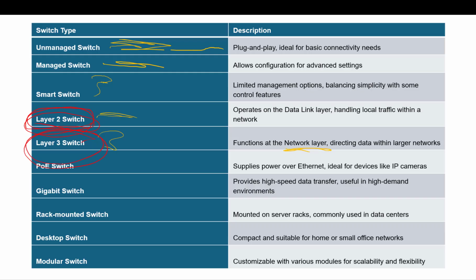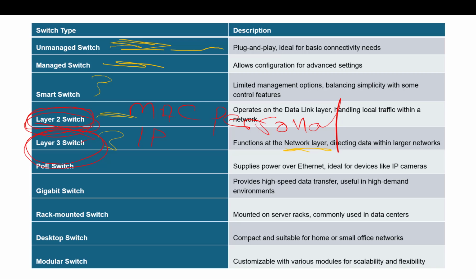So layer 2 only uses the MAC address, which is the personal address of the device. Now, layer 3 uses the IP address, which is the internet protocol address. It means the network address that they give you. You understand? The network address that they assign to you, that the IT person will say like 192.168.1.0. You understand? So the switch would check who has that address, and when it finds out, it goes and sends to them.